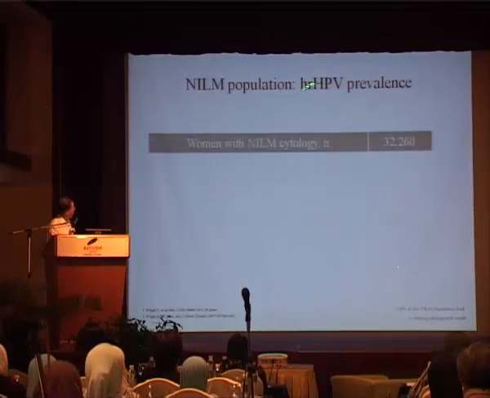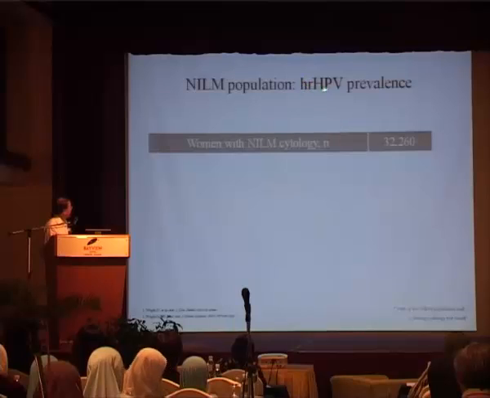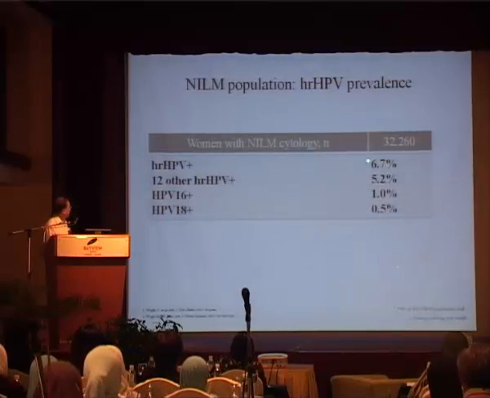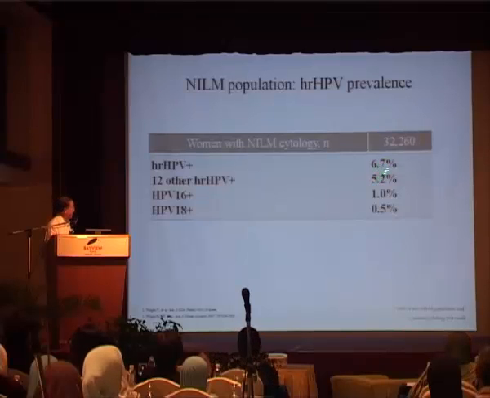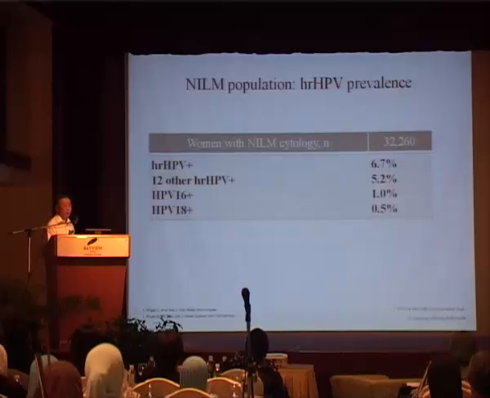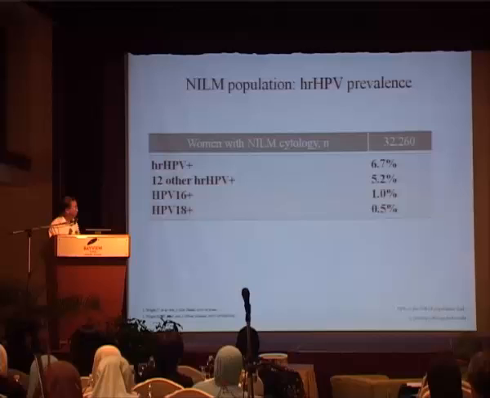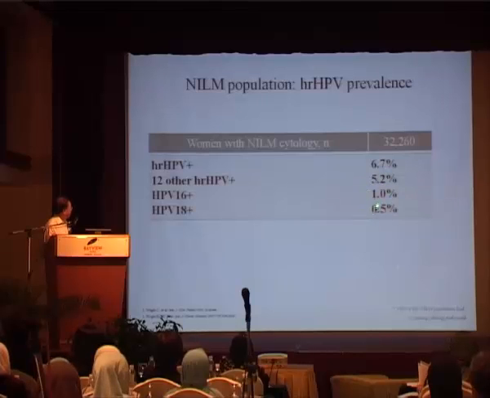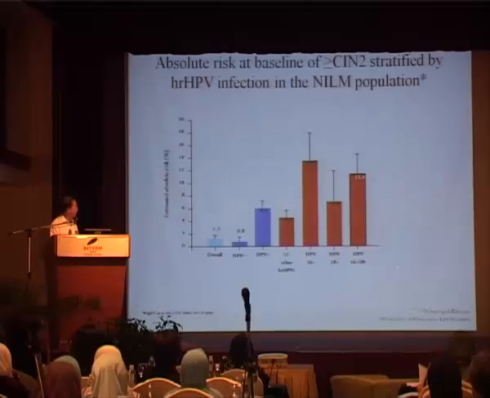So the question is, what is the prevalence of high-risk HPV DNA among these 32,000 women? Well, the prevalence is 6.7%, just slightly less than 10%. That's because we have a group who are already selected as HPV negative and cytology negative. Of these 6.7%, about a fifth were 16 and 18 positive.